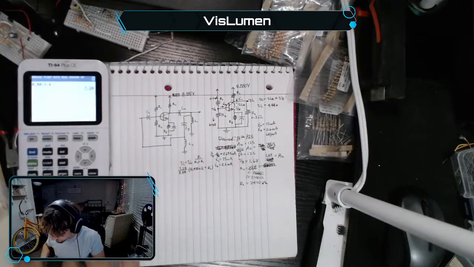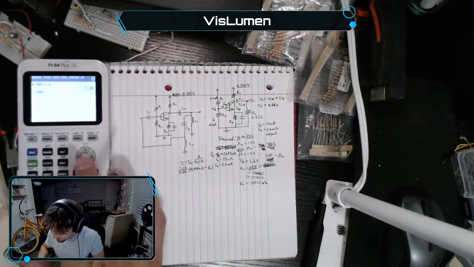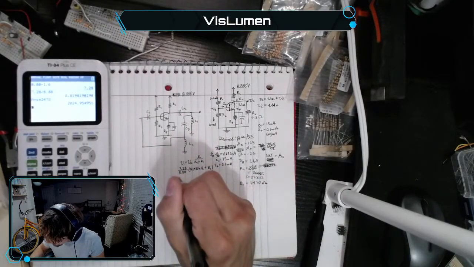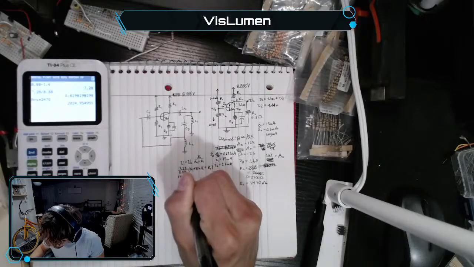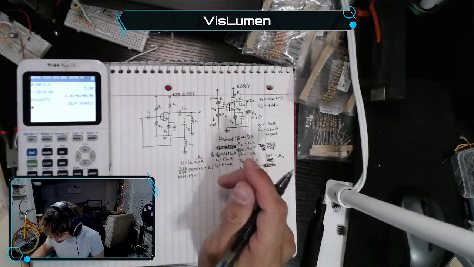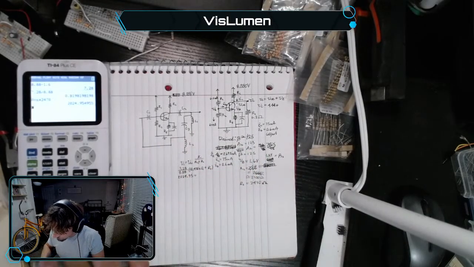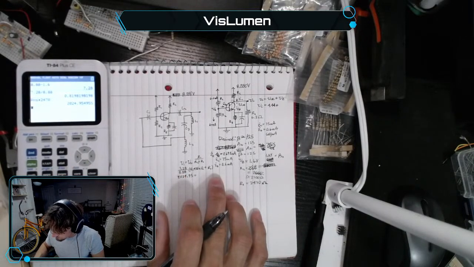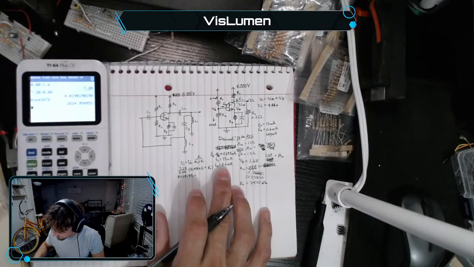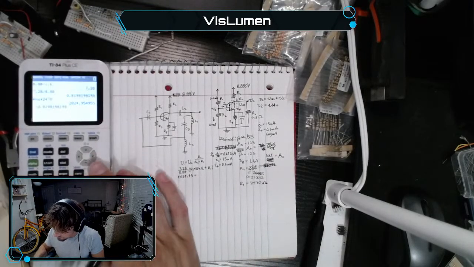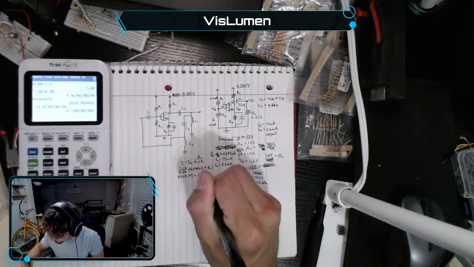So 7.28 divided by 8.88 times 2,470, 2,024.95 equals R1 minus 1 minus this, 0.1801.